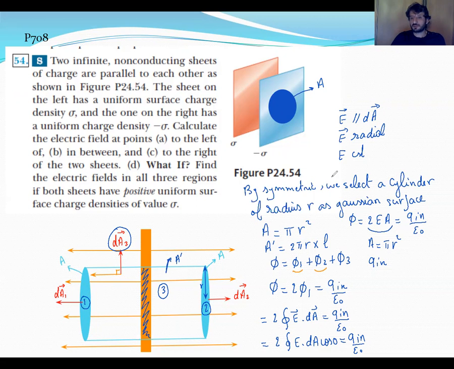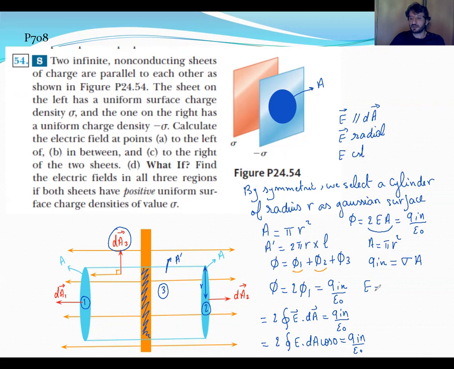In this case, because we have a surface charge density, we have to write Q equals sigma times A. We substitute A and Qn in the equation and we can calculate E directly.